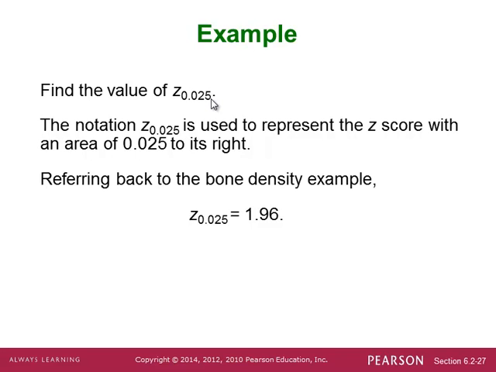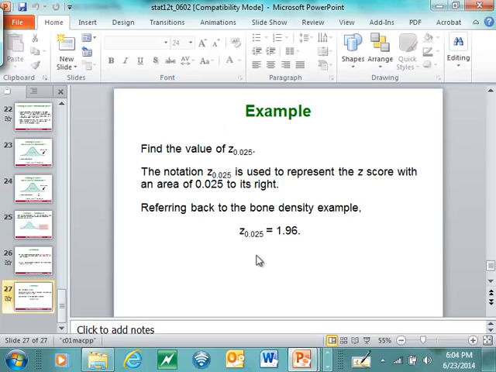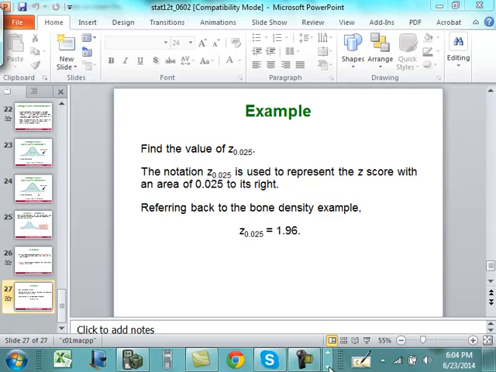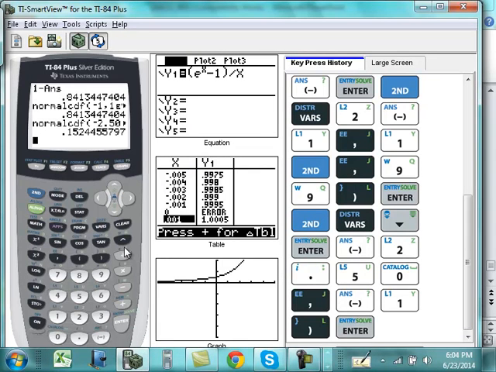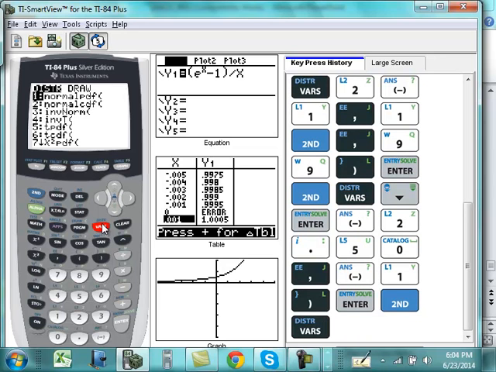Now, let me show you before I sign off here how to look up z-scores according to areas to the left on the TI-84 calculator. I'm going to go into the distribution menu and select option 3, which is inverse norm.